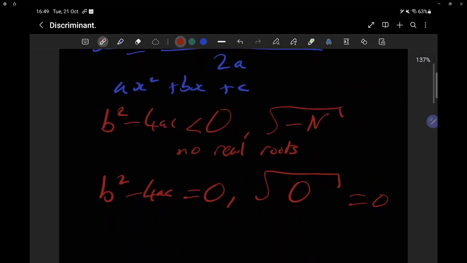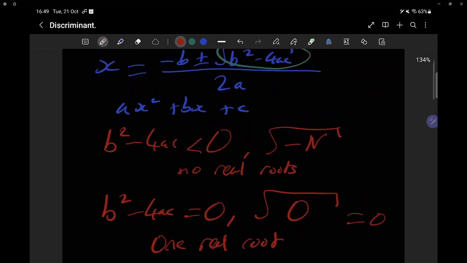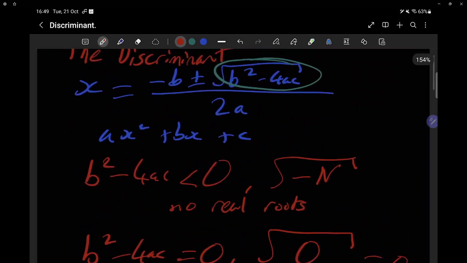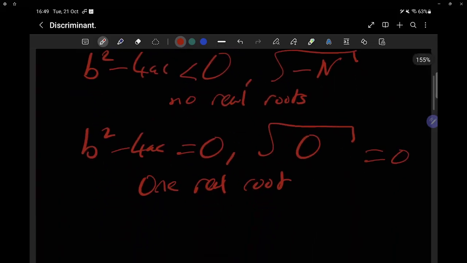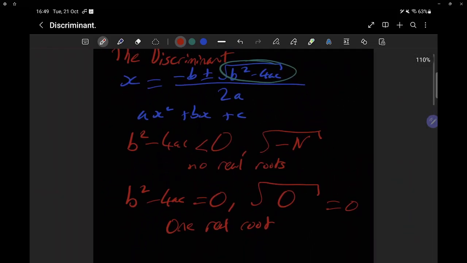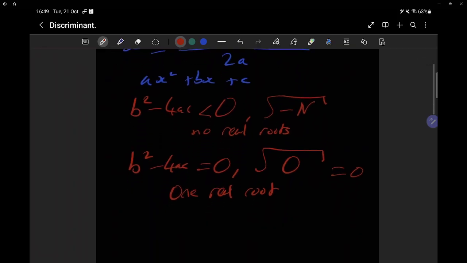But that means we're going to have one real root. If we have minus b plus or minus 0 over 2a, that is only going to be one number, right? Plus or minus 0 is still just going to be negative b.